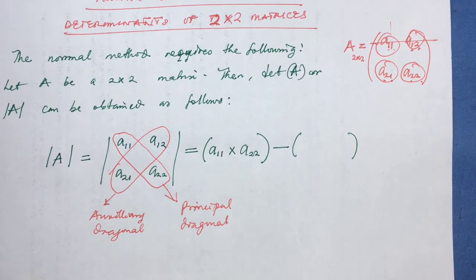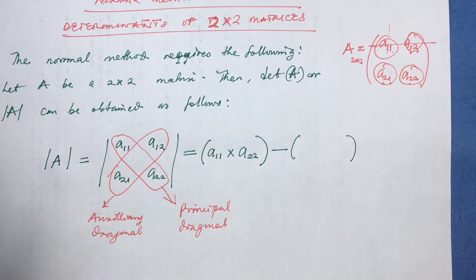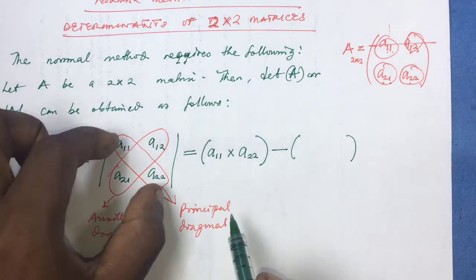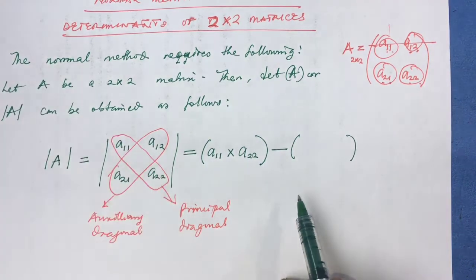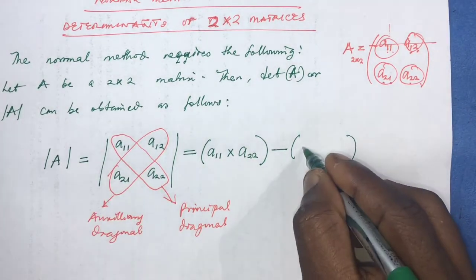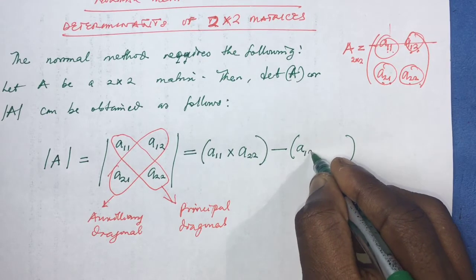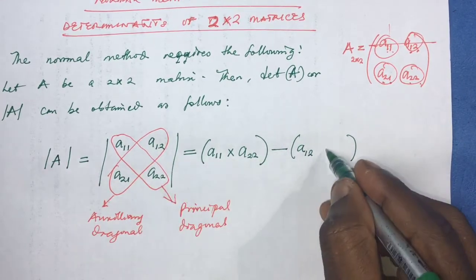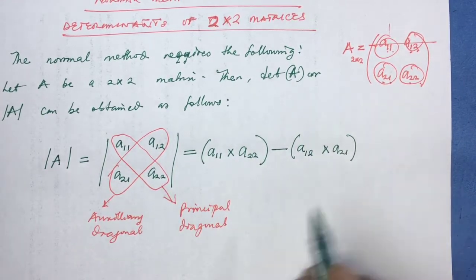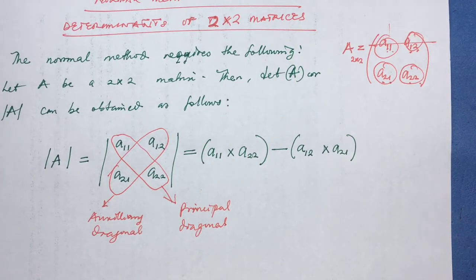So the normal method for obtaining the determinant of a 2 by 2 matrix requires that you multiply the elements along the principal diagonal and subtract from your result the product of the elements along the auxiliary diagonal. So this is A12 times A21, and that will give you the determinant of a 2 by 2 matrix.